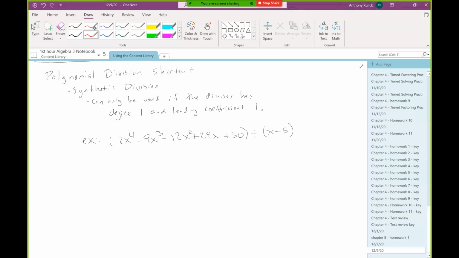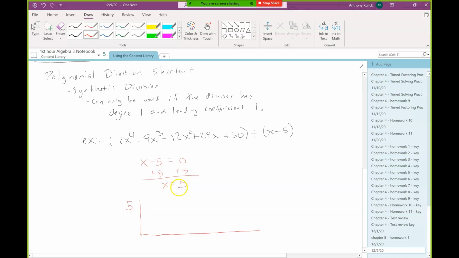Okay. So what we're going to do is take the divisor, set it equal to 0, and solve. And then basically what we'll do is the same synthetic substitution process.